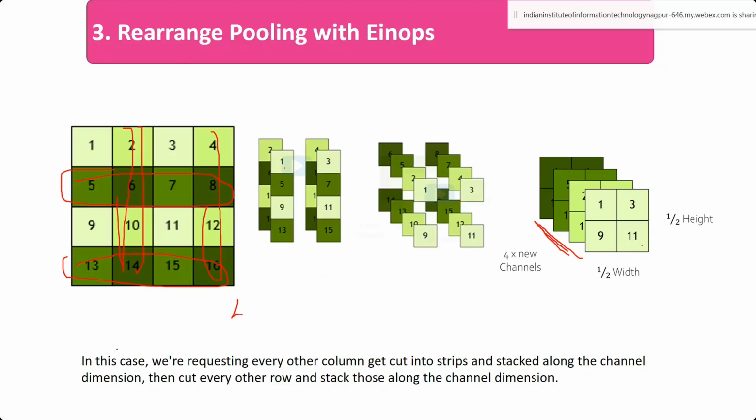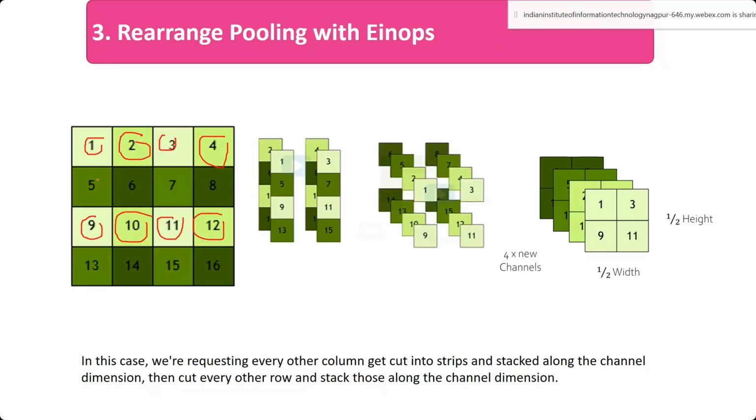So I have considered 1, 3, 9, 11. That would be my first feature channel. Then the second channel would have 2, 4, 10, 12.